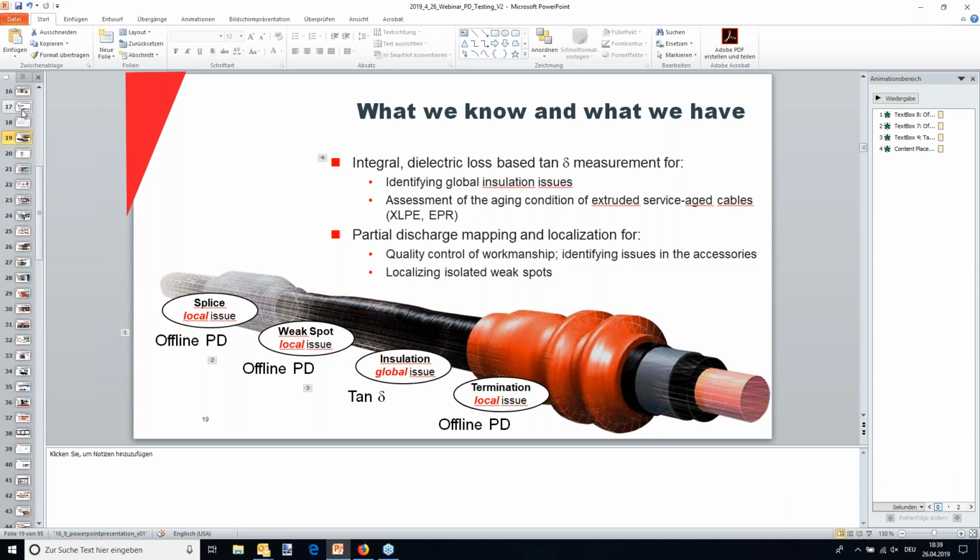And IEEE has not established absolute values yet. These numbers that I'm telling you are the stuff that we got back from the utility companies and what we see in the field. I intentionally did not put up a table in this presentation because I'm afraid people run around and say, oh, Megger said.